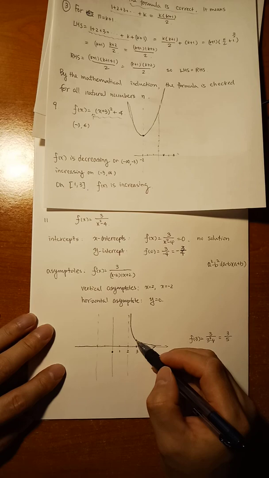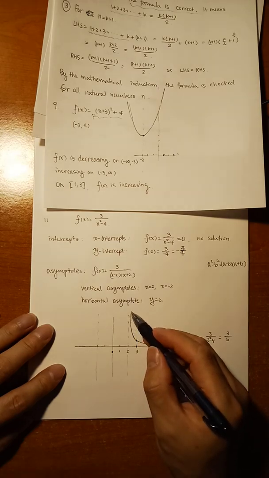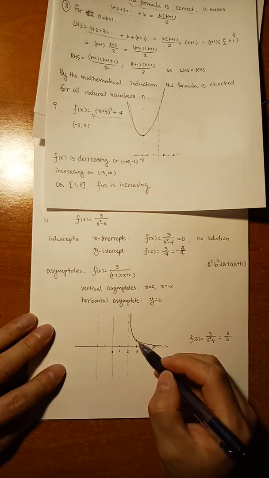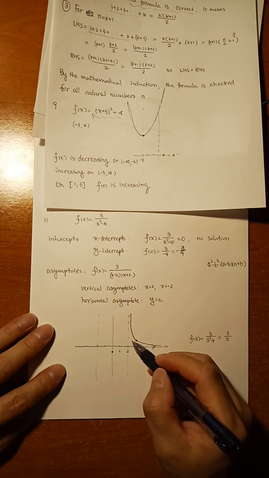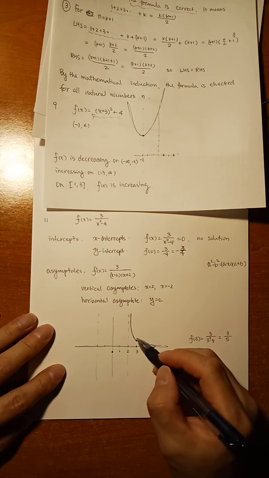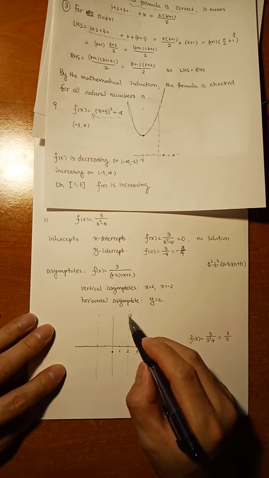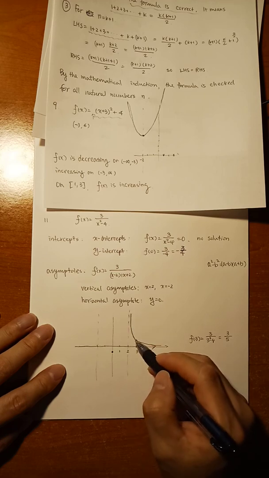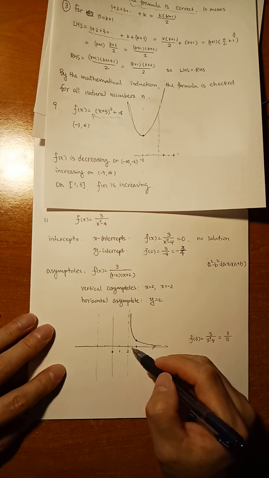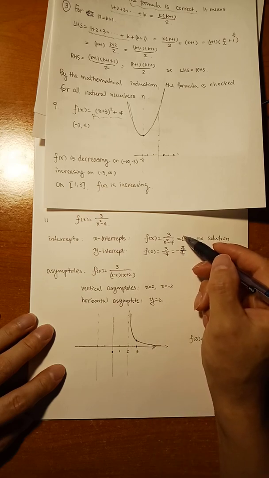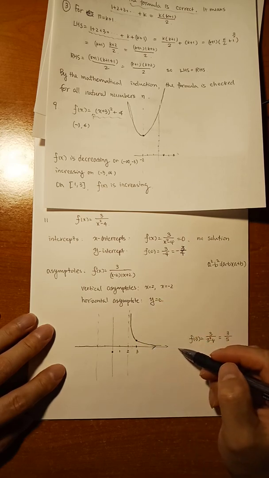Also you see here, you can only go up, you cannot go down. When x is approaching 2, the graph will be close to this vertical line. If you go down, you will have an x-intercept, but you don't have an x-intercept. So you can only go up.